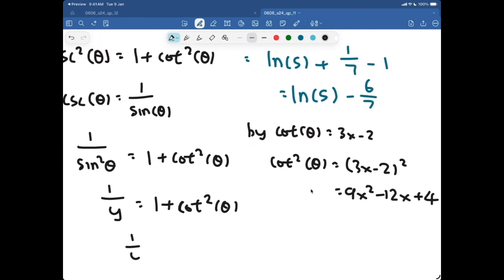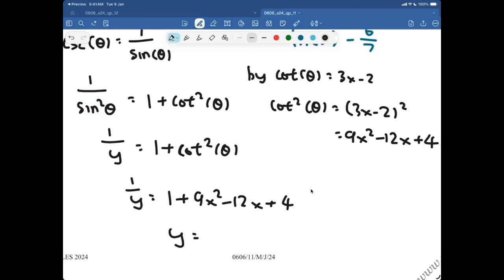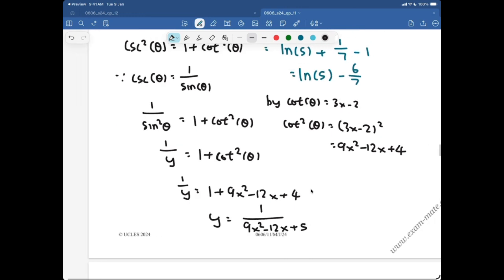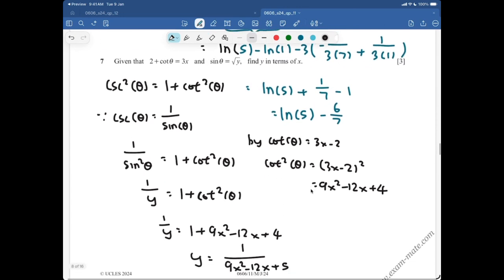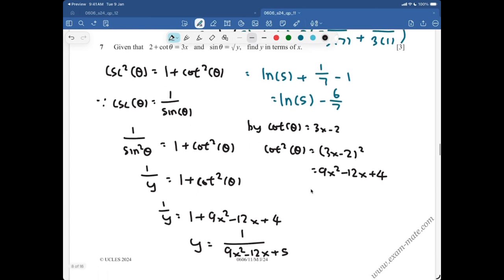So 1 over y equals 1 plus 9x squared minus 12x plus 4. So y equals 1 over all that, so it's 1 over 9x squared minus 12x plus 5. It is pretty tricky, but it is in the formula booklet, so it should be quite manageable.